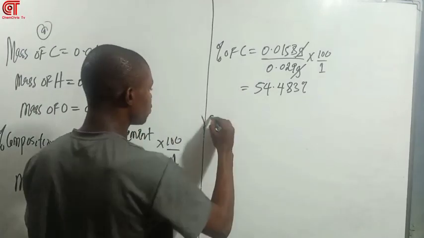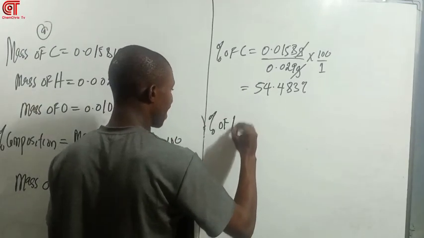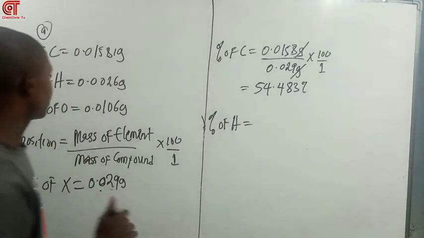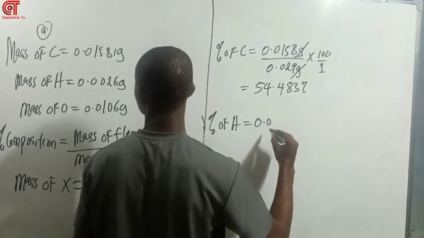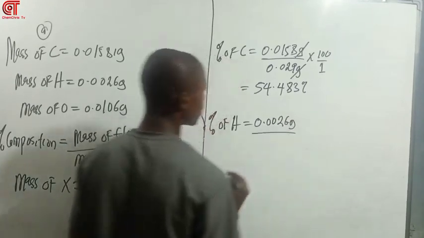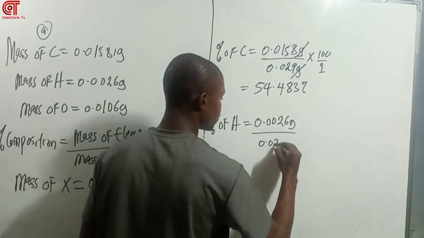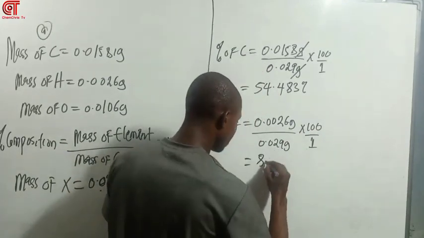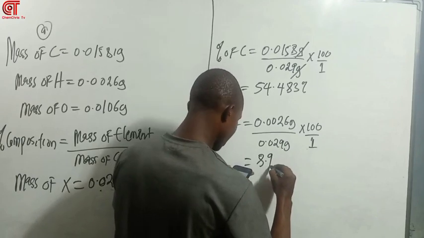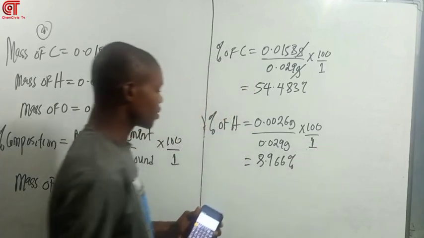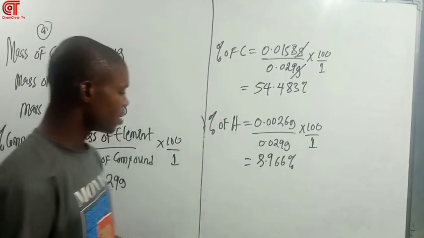Now let's do the same for hydrogen. The mass of hydrogen is 0.0026 gram over 0.029 gram times 100 over 1, which gives 8.966%. Remember, leave the answer in 3 decimal points.